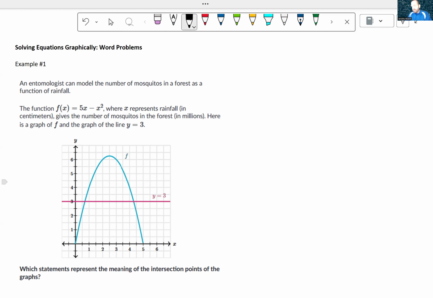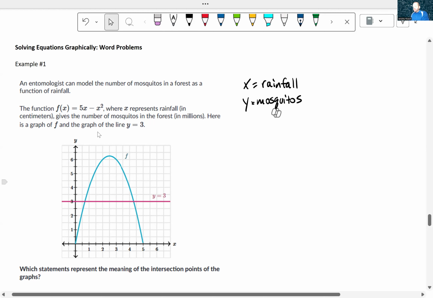Actually, no, it says the function itself. Yeah, so it's implied that y gives the number of mosquitoes in millions. So x is the rainfall, y is the mosquitoes. And I like to write these down. That just helps me when I'm thinking about what the word problems mean.